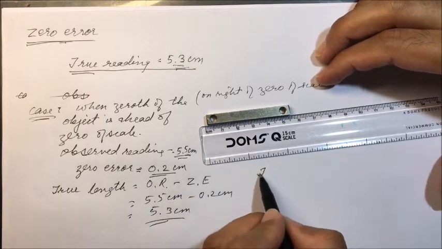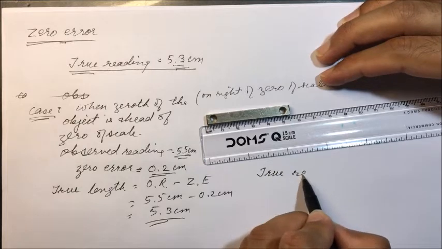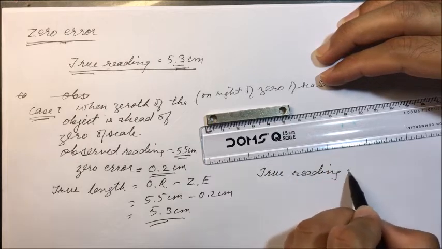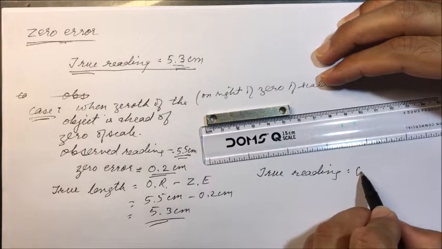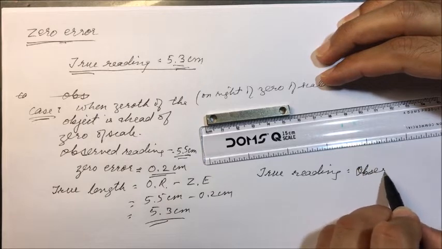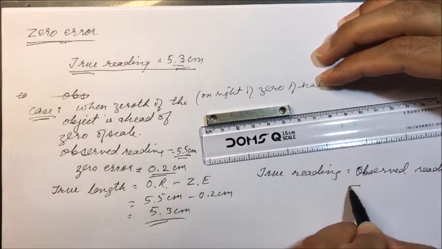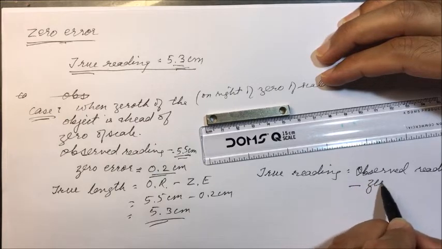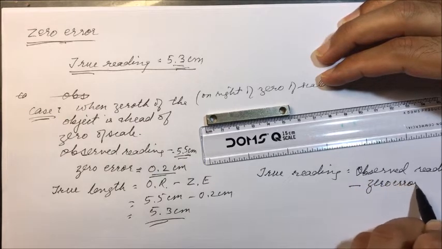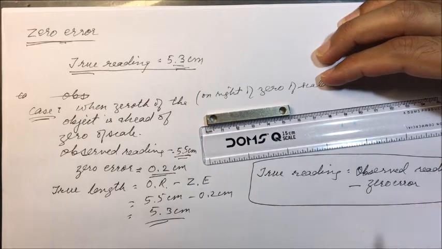So true reading equals observed reading minus zero error. This is the formula and we will be putting it.